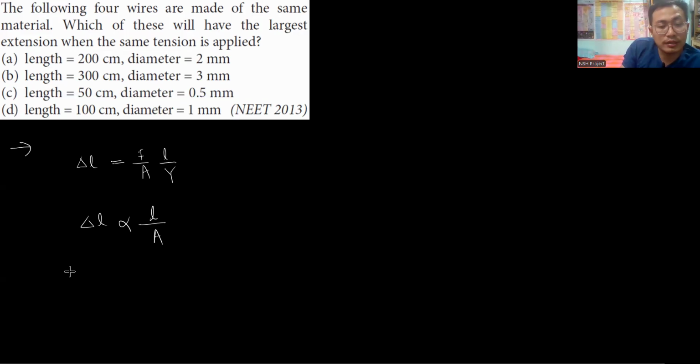Now we compare L by A. L1 by A1 is 200 by 2 mm.